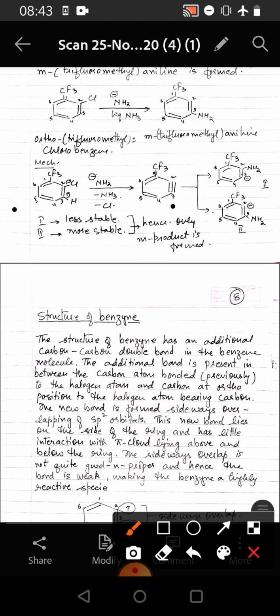Now when ortho attack happens, then the anion is formed in which the negative charge is at third position, and when meta attack happens, then the anion is formed in which the negative charge is at second position. And it is seen that the anion which has negative charge at third position is less stable, and the anion which has negative charge at second position is more stable. Hence the meta product is formed and the ortho product is not formed.